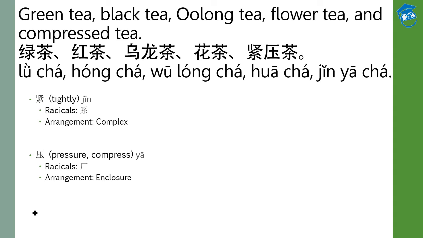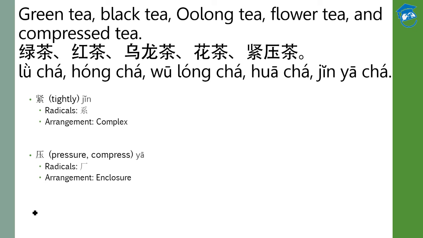In literal translation, it's red tea, but we don't have that in English. Okay, Oolong cha should be straightforward. Oolong tea. Okay, so just a bit of knowledge for this one. 绿茶 is the non-fermented tea. Oolong cha is the half-fermented tea, and then 红茶 is fully fermented tea. Okay, and 花茶 is flower tea.